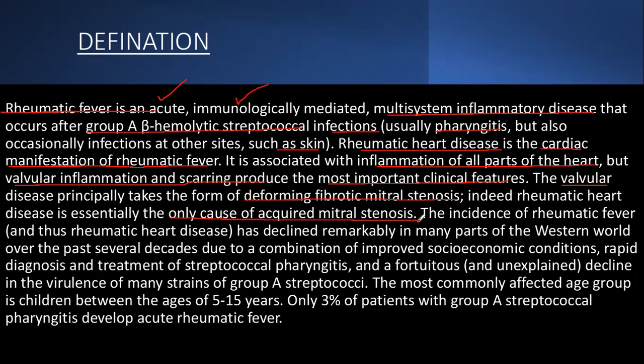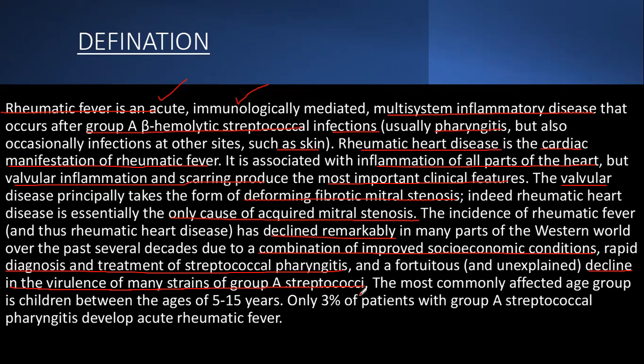The others are congenital. Now, the incidence of rheumatic fever and thus rheumatic heart disease has been declining in many parts of the Western world. Why? Because there is improved socioeconomic conditions. There is also rapid diagnosis and treatment of streptococcal pharyngitis, and there is a decline, which is unexplainable, in the virulence of many strains of group A streptococci.